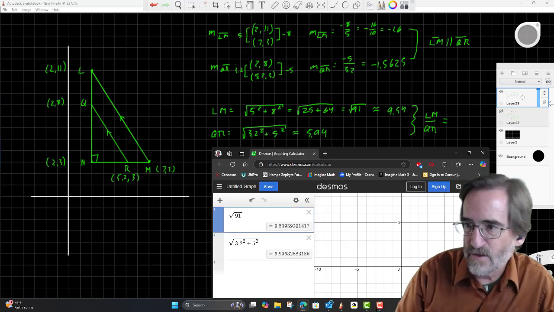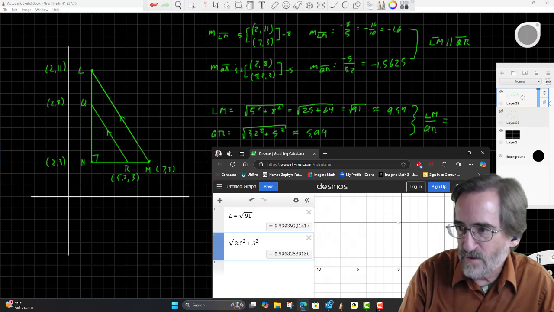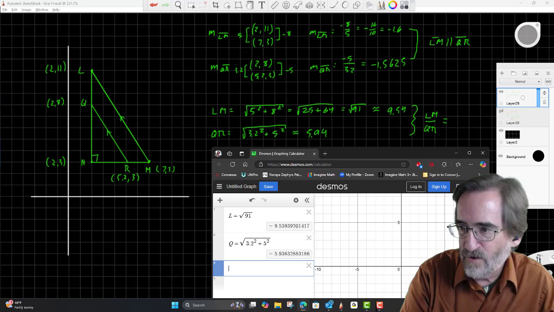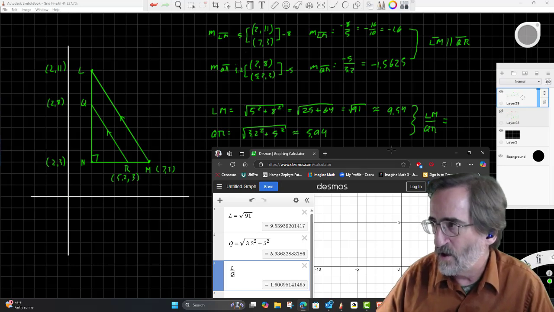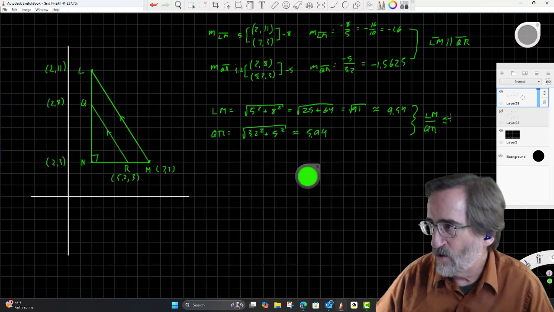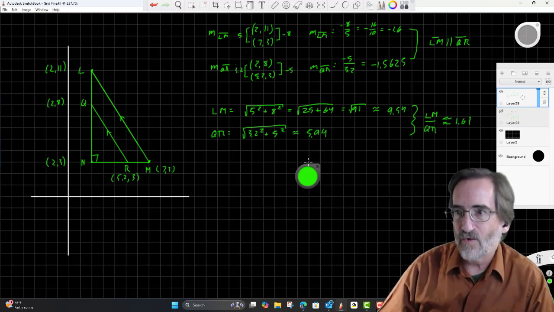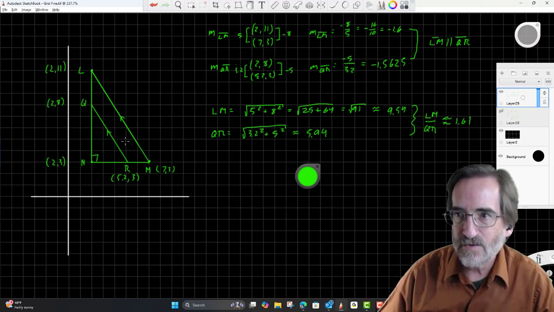I'm going to say this is L and this is Q, and I'm going to do L divided by Q. 1.61, approximately 1.61. Okay, so the ratio is 1.61. That's the ratio of these two sides here.